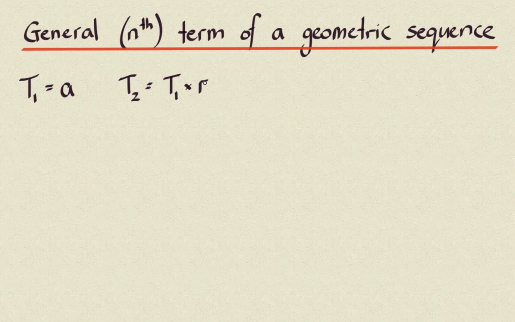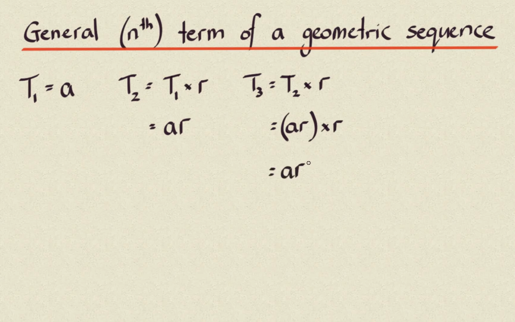But term 1 is simply a. So we have a times r. Likewise, term 3 is the previous term, term 2, multiplied by the common ratio r. But we have just seen that term 2 can be represented by ar. And so when we tidy this up, we get ar squared.